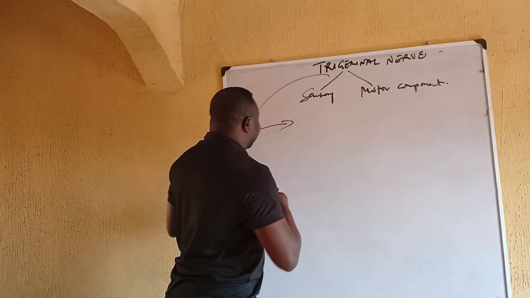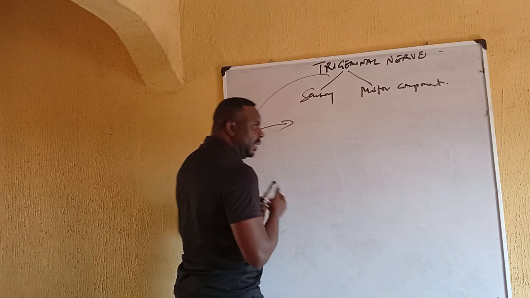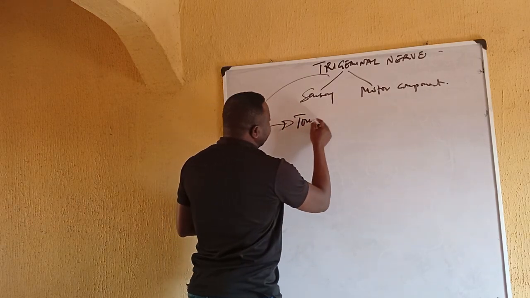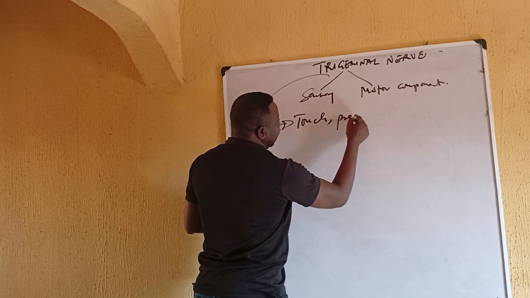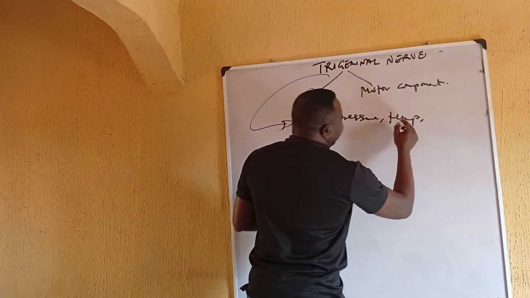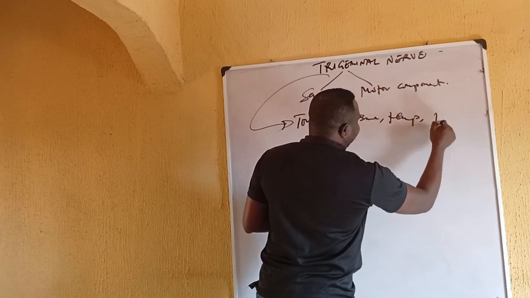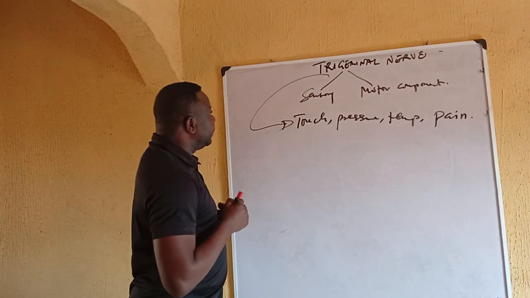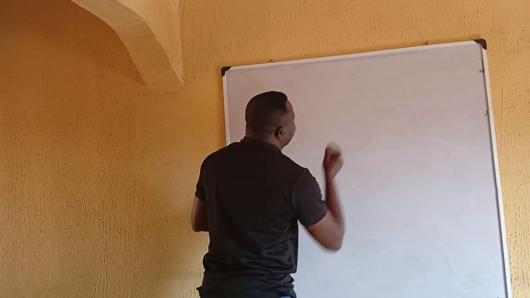And then it also carries somatosensory information, that is to say that it carries information that has to do with touch, pressure, temperature. It also carries pain to the brain.